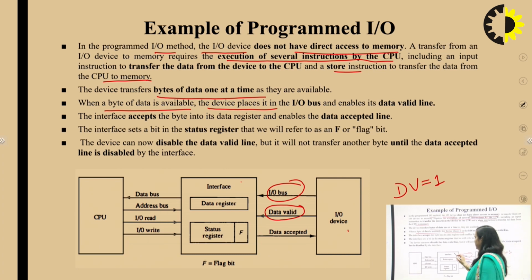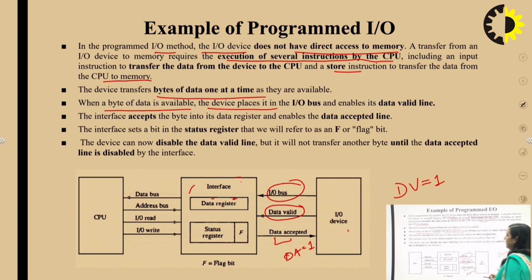And the interface, this is the input output interface, accepts the byte into the data register. It stores the data which was in the input output device; it passes the data through the input output bus and stores it in the data register. Or you can say it accepts the byte into this data register and enables the data accepted line. This is the data accepted line, it is enabled.